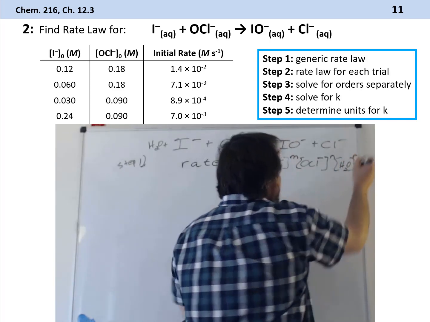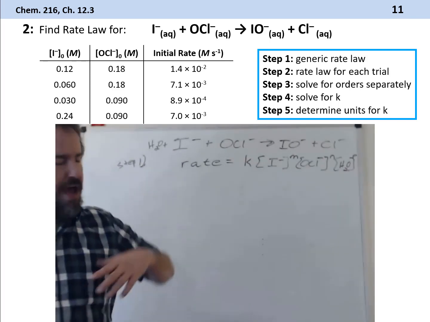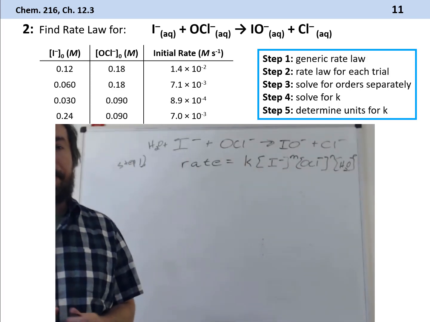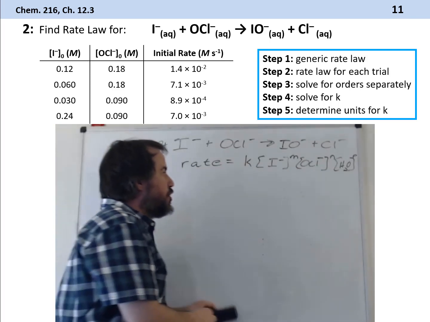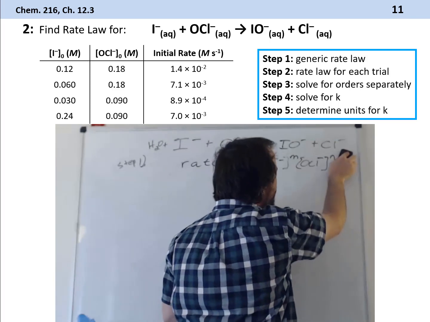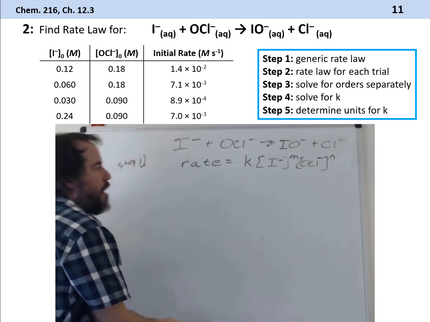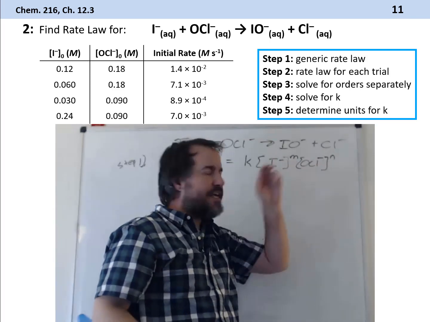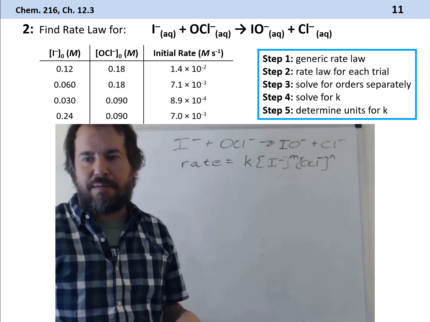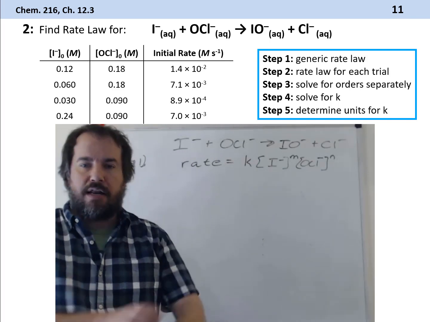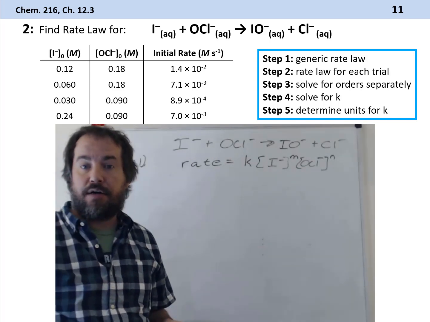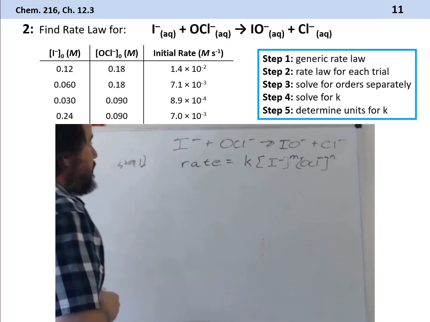And, you know, H2O to the power of P, and I need to find that. But this only has 2, so I only have 2, right? So I put in the concentration for all of them raised to some power. Now, in some problems they use X and Y, some they use A and B. Here, we just use M and N. It doesn't really matter.